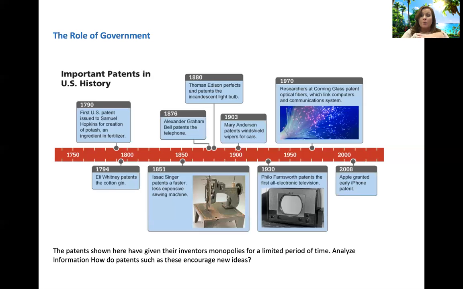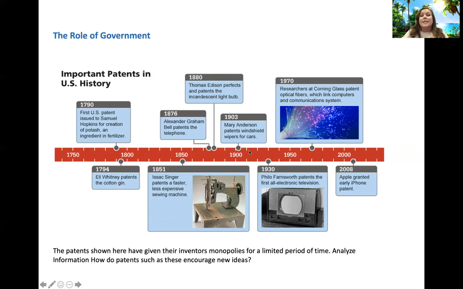Now, you don't always have to have a brand new product to patent. If you look at 1851 down here, Isaac Singer, he didn't create the sewing machine, but he invented a faster and less expensive one, and he got the patent on that because he took something already in existence and improved upon it and made it better and had such unique things, he got a patent for it.